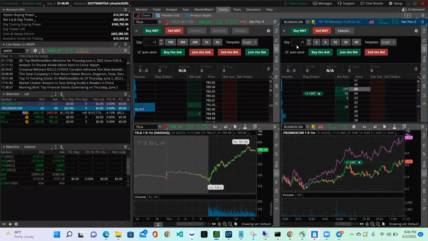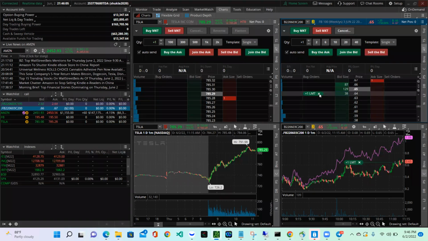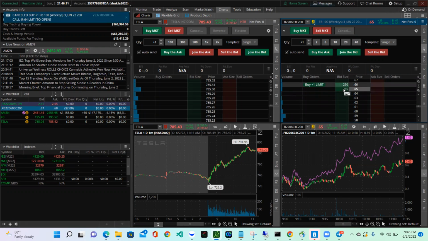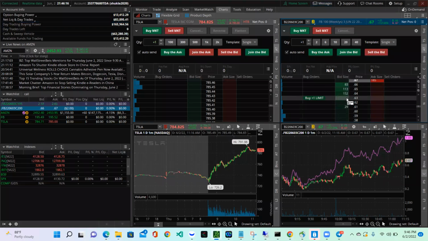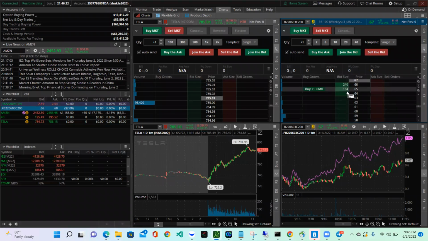So it didn't fill quick enough. I typically don't use this, but usually this is the quantity of trades that are getting executed at that point. So I canceled that trade, by the way.